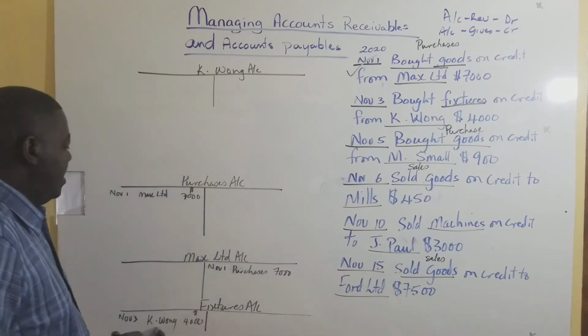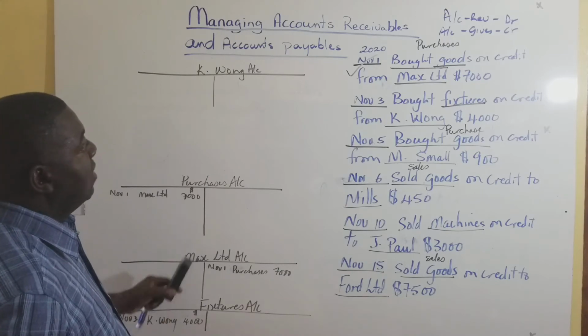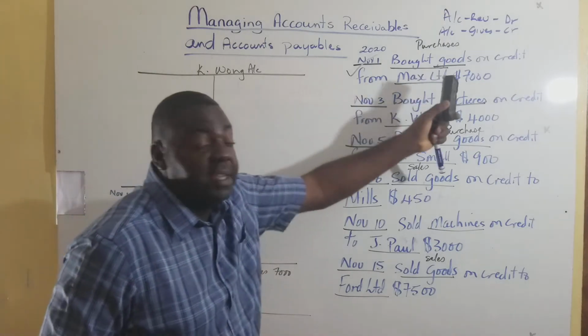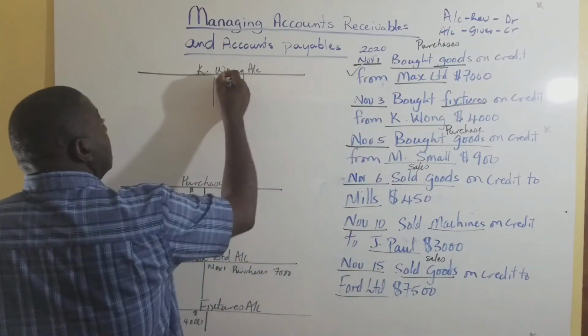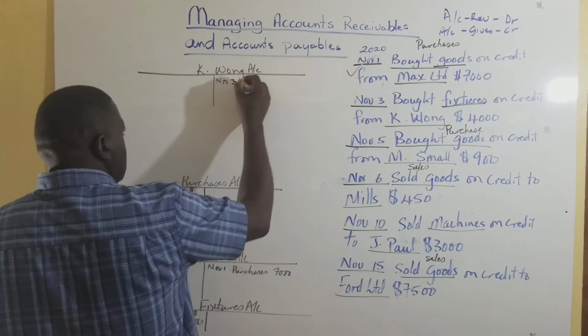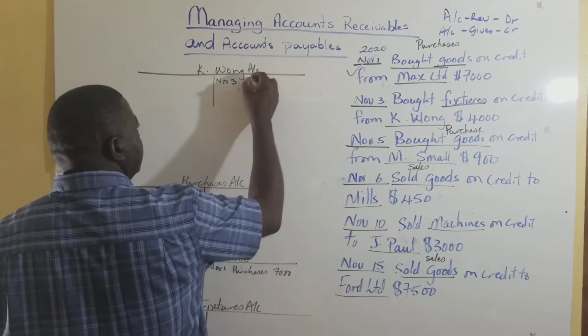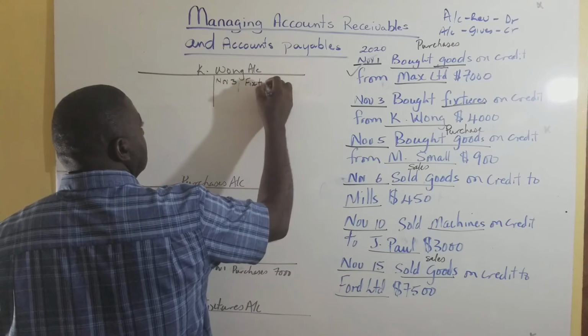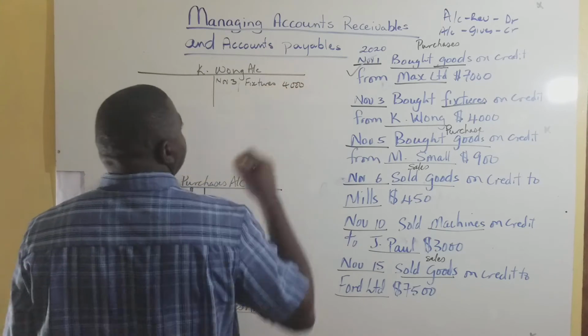If we debit this account, which is fixtures, we're getting it from Wong. So Wong is giving it, account that gives we credit. So we go to Wong's account, write on the credit side, November 3rd. The name of the other account, fixtures. And that amount is $4,000.